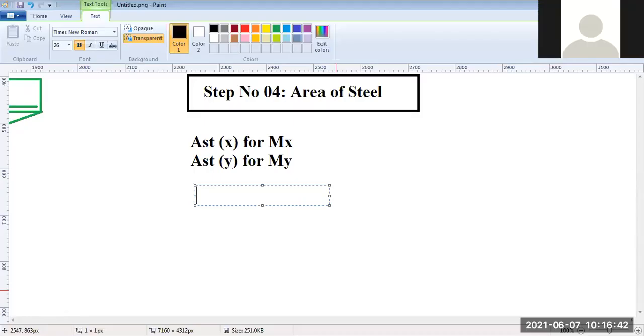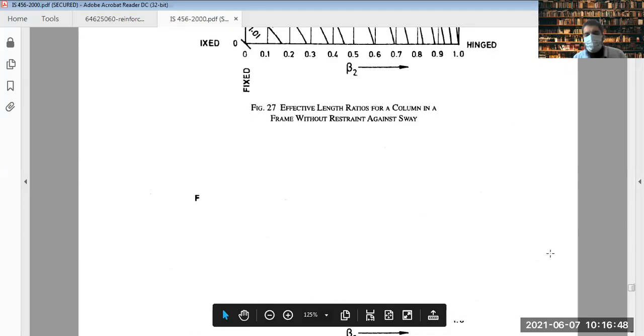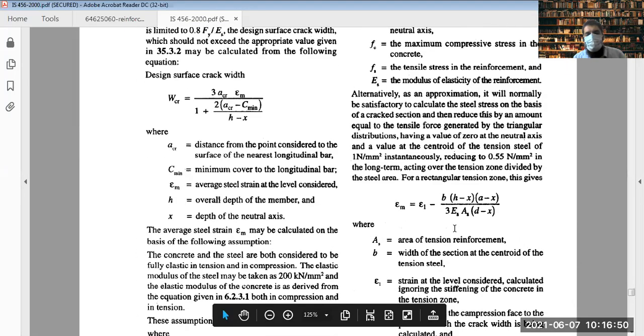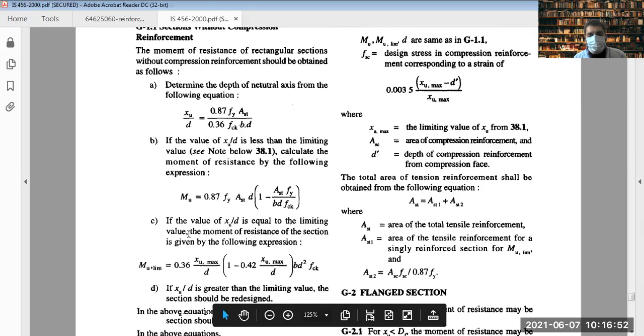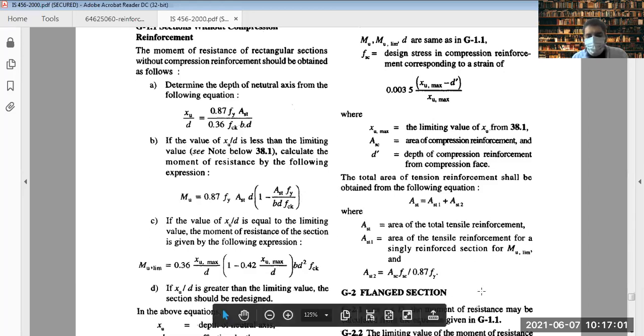Now from code, you already know going to the G portion, you will be using the same formulation, this one. There are various formulations you can do in terms of R and others, even in the beams as well as in the slabs, but this is the simplest formulation I use.